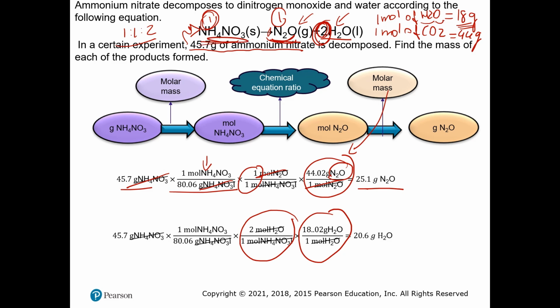This is a big fraction, right? You need to multiply all the numbers that you see here, times 2 times 18.02, and divide by the product of the numbers here, 1 and 1. Then we're going to find this.